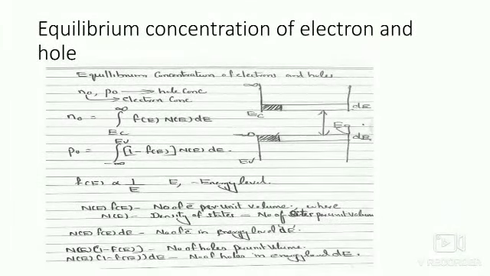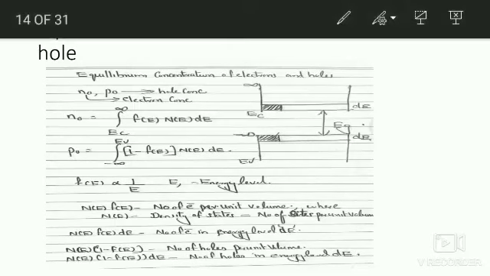If we know N of E, the density of states, we can say the maximum number of electrons or holes that can occupy the region. If we also know the probability of finding an electron, F of E, then we can find the electron concentration: N0 is equal to the integral from EC to infinity of F of E N of E dE, because F of E N of E represents electron concentration per unit volume.